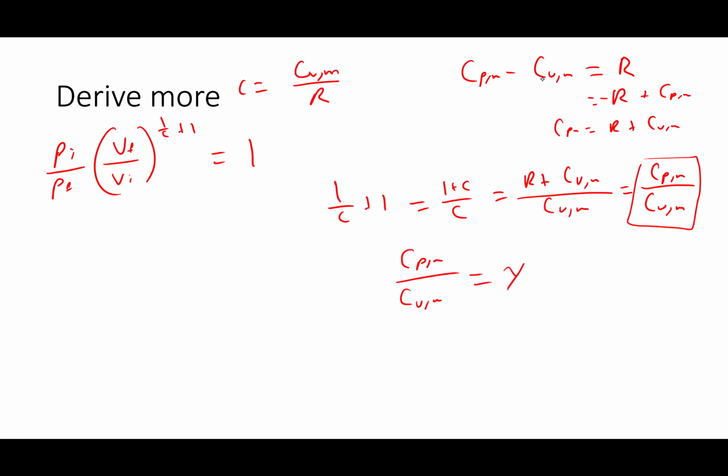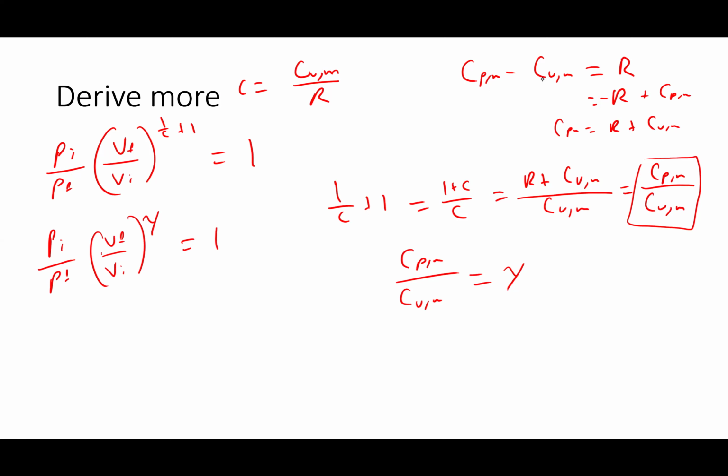Gamma, lowercase gamma. And so when we rewrite this, instead of having VF over VI to the 1 over c plus 1, we're just going to call this gamma now. Makes it a lot easier. Also, the heat capacities at constant pressure and constant volume are very, very easy to get.